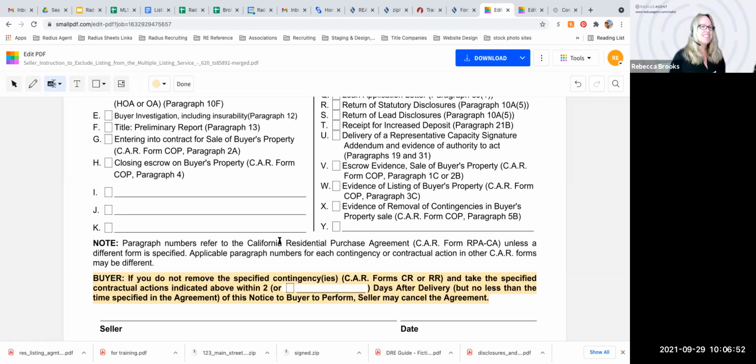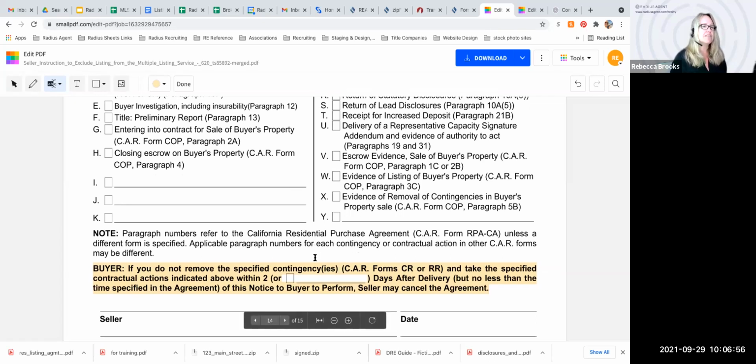The listing agent can actually send this to you 2 days in advance, on Wednesday, saying we realize your contingency removal deadline is Friday, and we're really hoping you do it because we're not going to wait any more beyond Friday. So we're going to send you this notice to perform in advance.